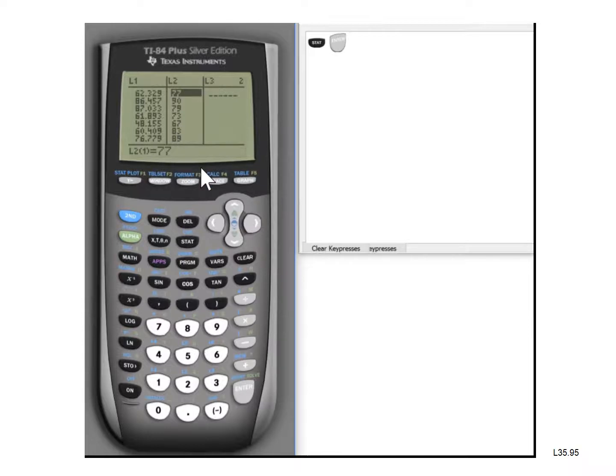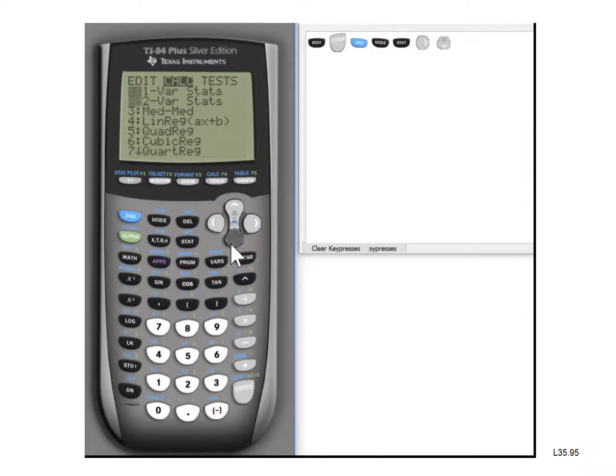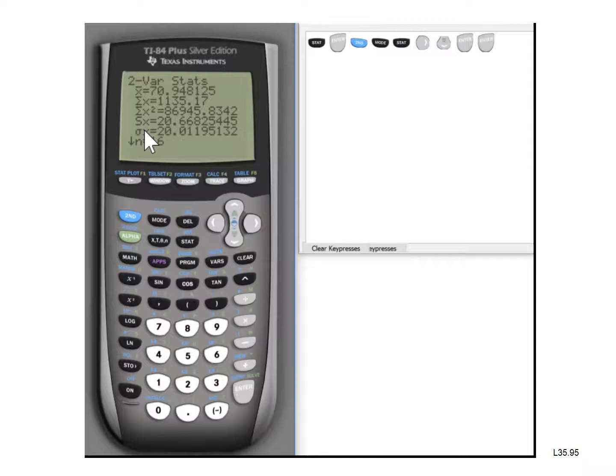When you come back, if you want to check and make sure that you entered correctly, go to Stat and go over to Calculate Two Variable Statistics. And you should see the sum of the x's, that's the second line, is 1135.17. The sum of the y's, if you scroll down, should be 1286.